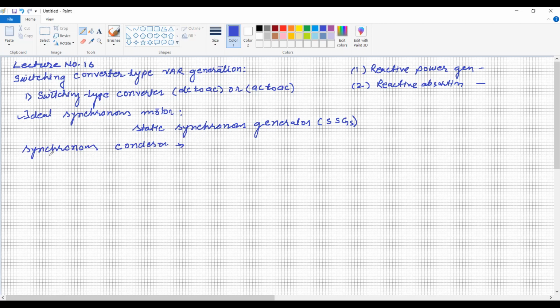So the operation is similar to the synchronous condenser, but it is not rotating, whereas our synchronous motor or synchronous machine is a rotating one.